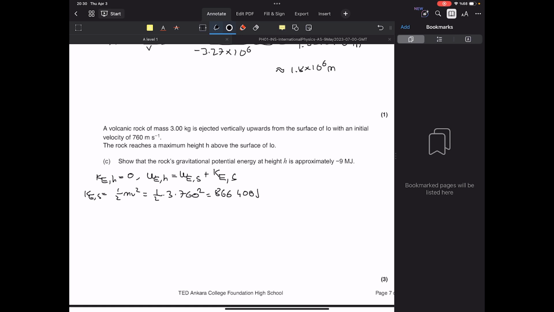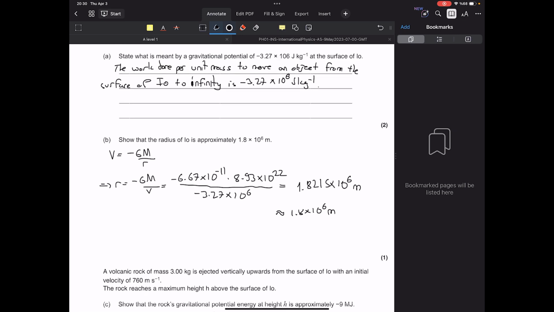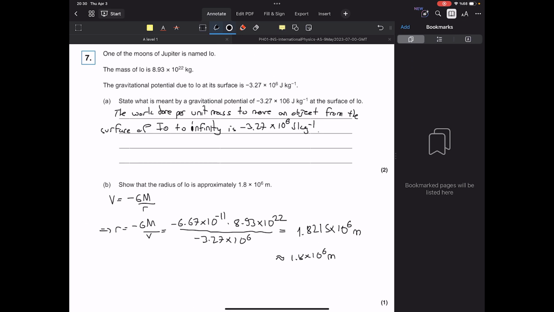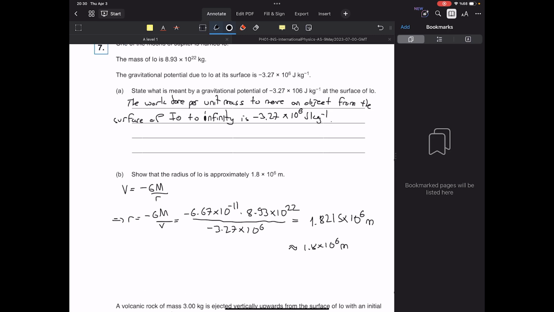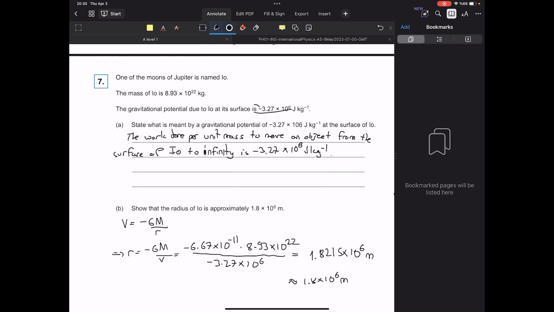The potential energy at the surface is not negative GMm over R, since the gravitational potential is already given, so we can just use that. You can use negative GMm over R, but this is easier.